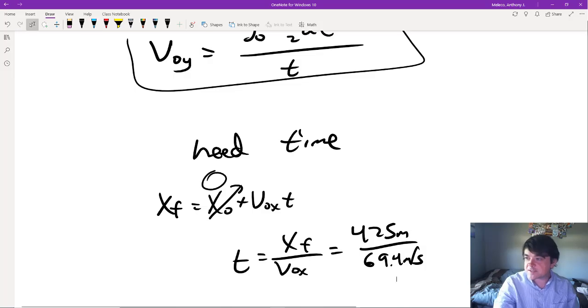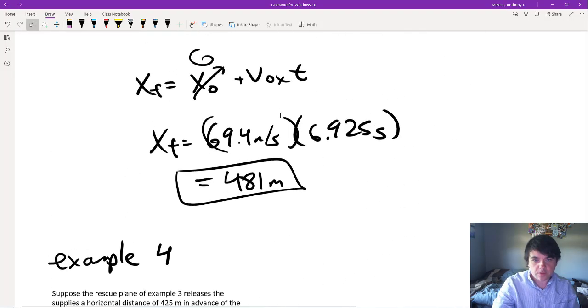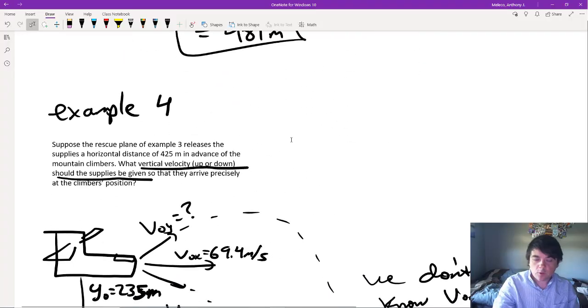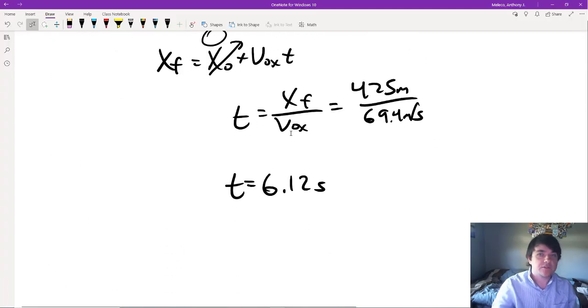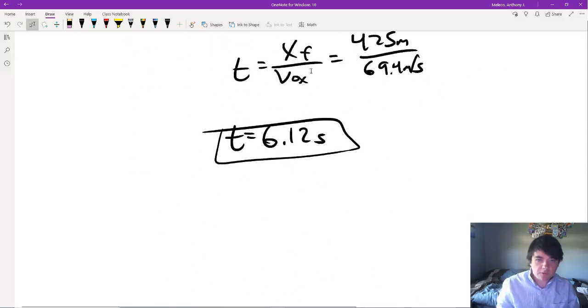Our time should be less than it was before, and indeed it is. It's 6.12 seconds, whereas in the previous one it was a bit longer, 6.9, and that's because we were farther back, so the supplies had more time to reach the people. So here's our time.